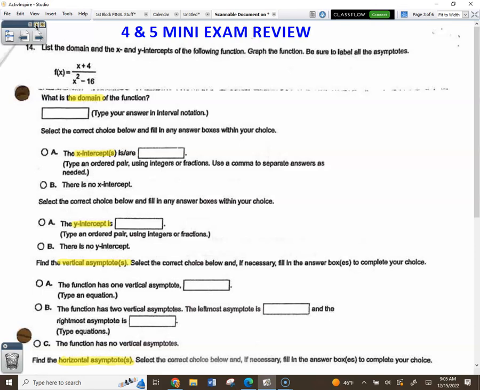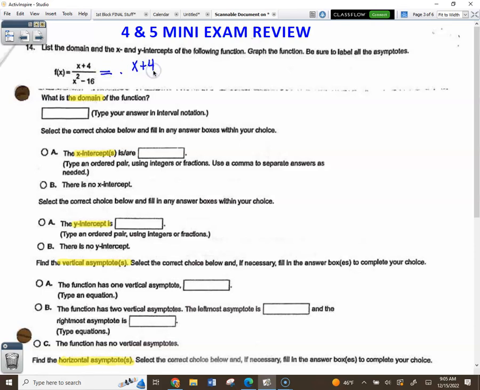This one does have a hole. How do I know it has a hole? The binomial on top is one of the factors to the polynomial on bottom. So if you look at this, get it in factor form.